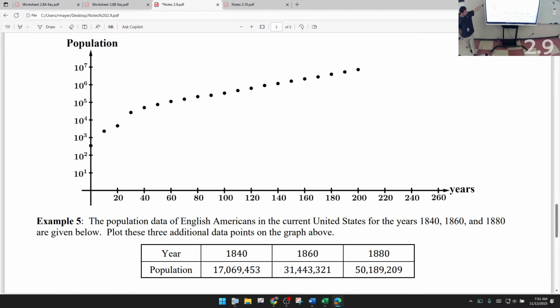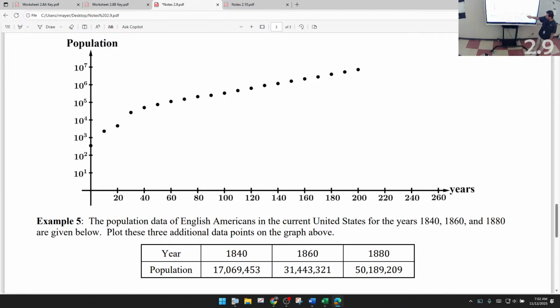The population of English Americans in the current United States for the years 1840, 1860, and 1880 are given below. Plot these additional data points on the graph above. This was 1620, 1640, 1660, 1680, 1700, 1720, 1740, 1760, 1780, 1800, 1820, 1840 is the 220.